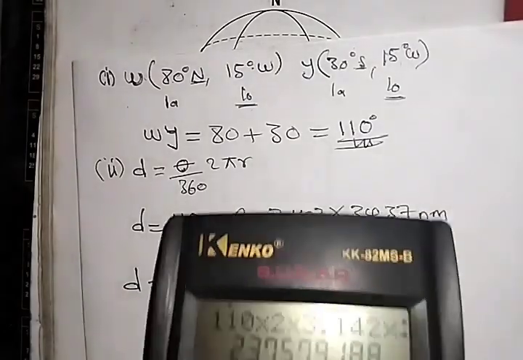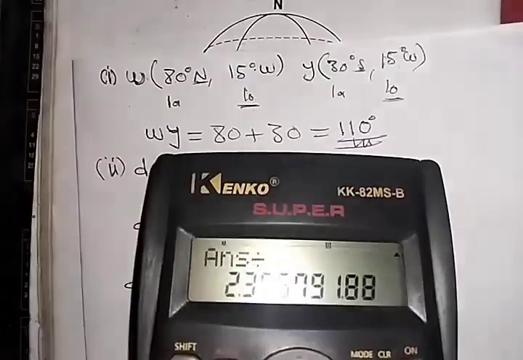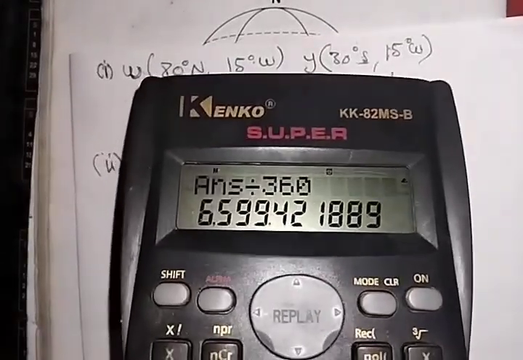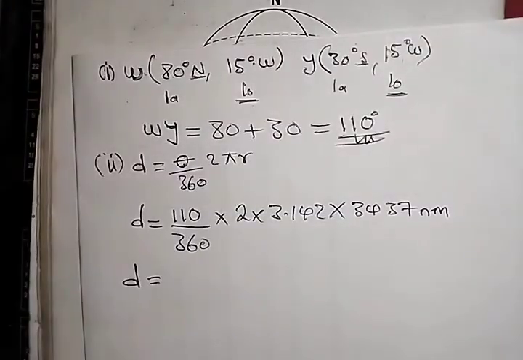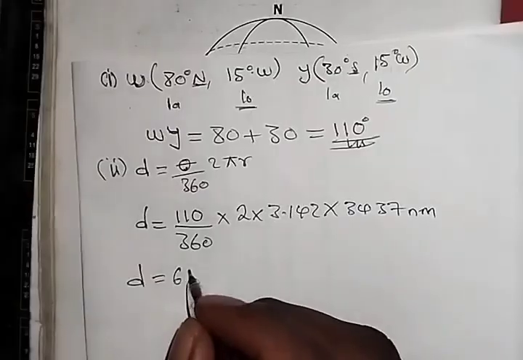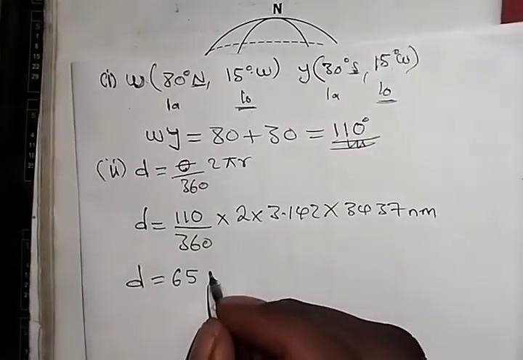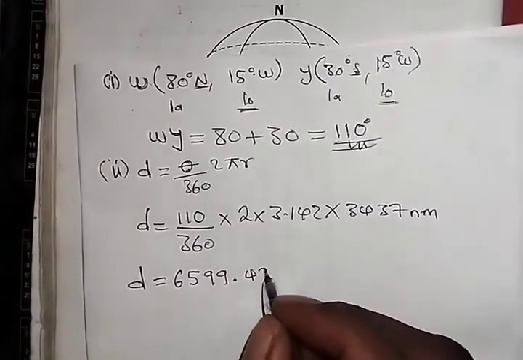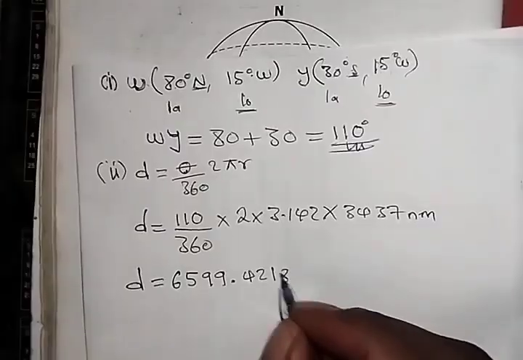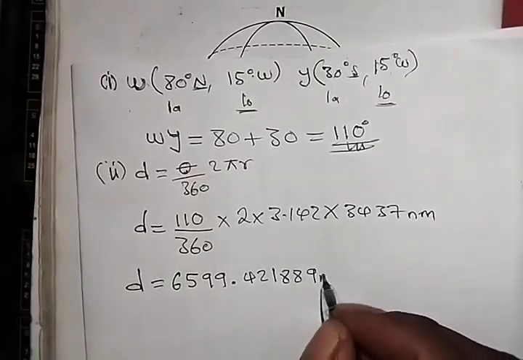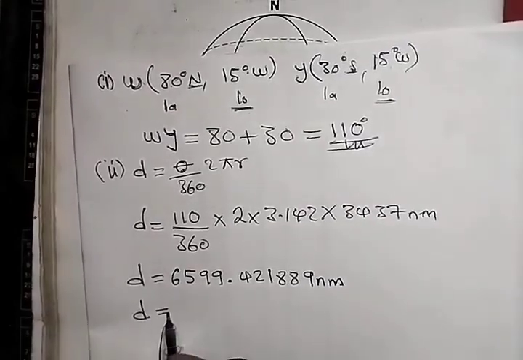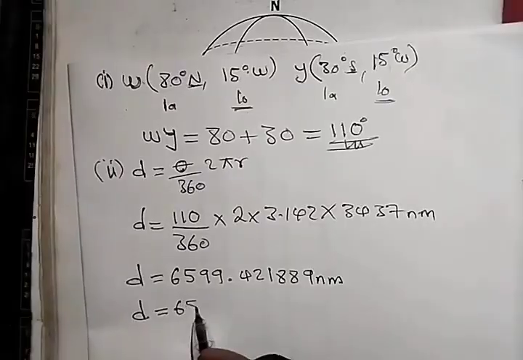So we divide the same answer by 360, and when you divide, we're going to get 6599.4218889 nautical miles.